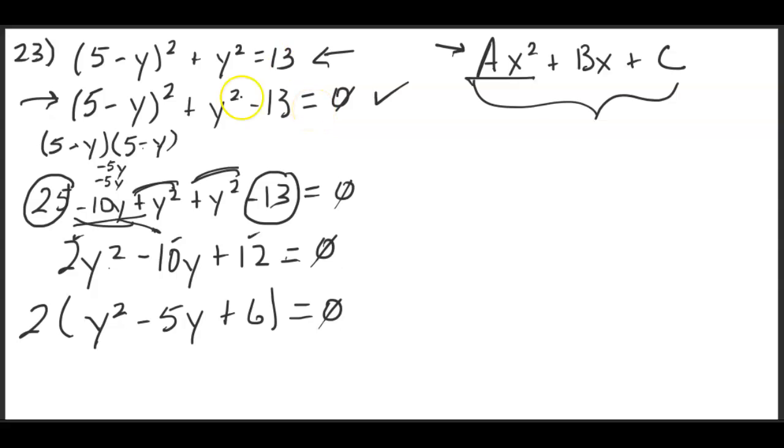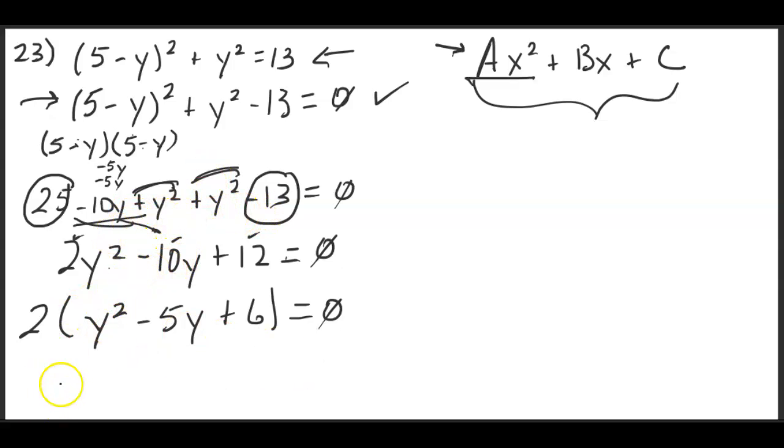Okay. I don't see how that helped me. But I look at that line and I think, what's something I can do? Oh, I could take 5 minus y and multiply it by 5 minus y, right? I could square 5 minus y. There it is. And I got this. Oh, I can put together like terms.